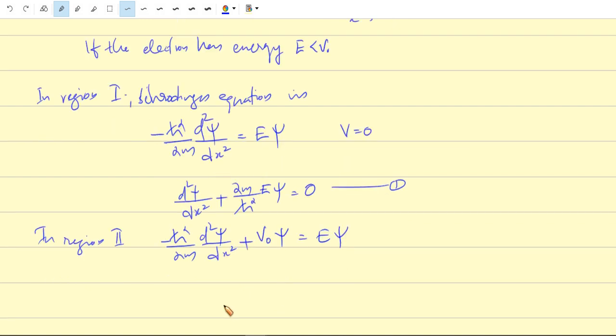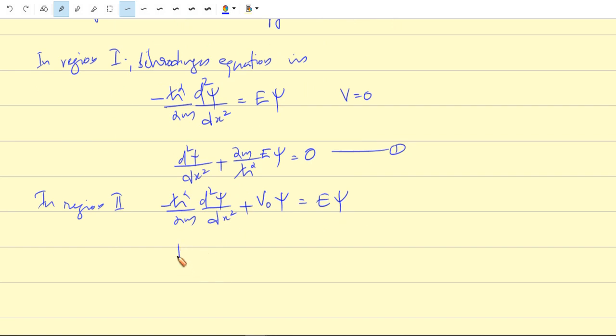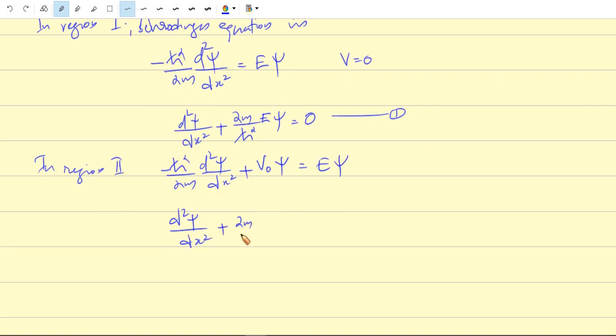Therefore, we can rearrange this equation: d square psi by dx square plus 2m by h cross square (E minus V0) psi is equal to 0. This is equation number 2.